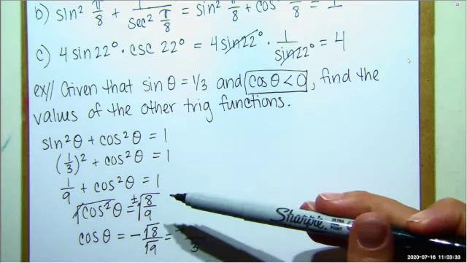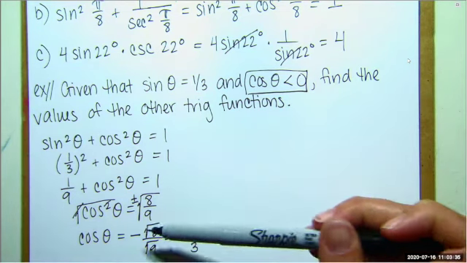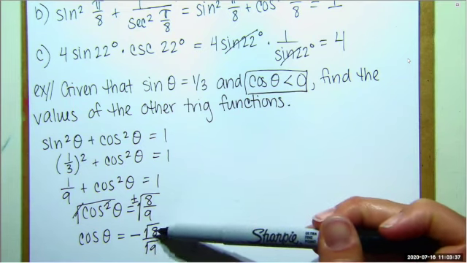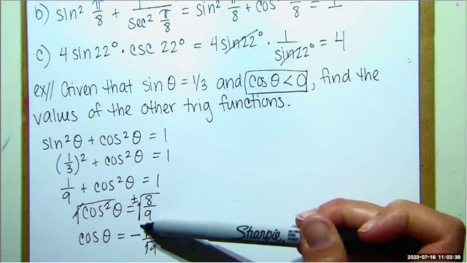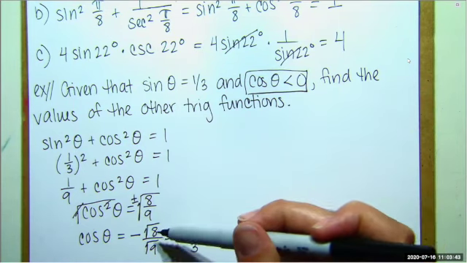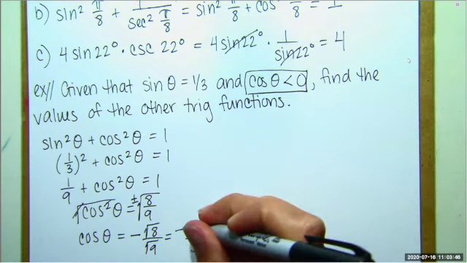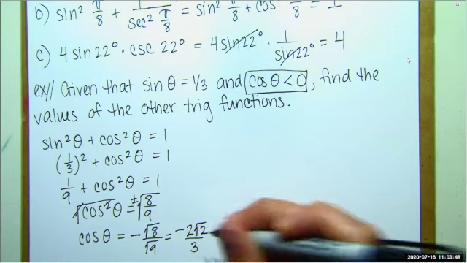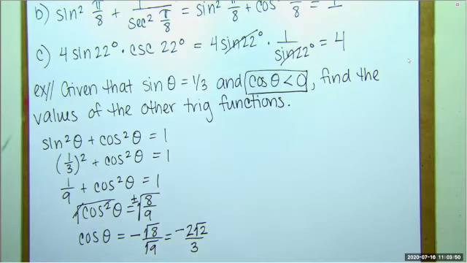You have to, on every homework, every quiz, every test, simplify your square root if possible. So what we want to do is pull out the perfect squares. So 8 is 4 times 2. So square root of 4 is 2. So this becomes 2 root 2. Okay, so our final answer here is that cosine of theta is negative 2 root 2 over 3.